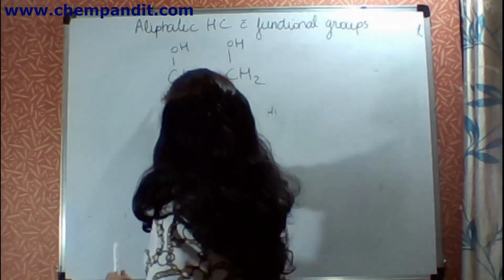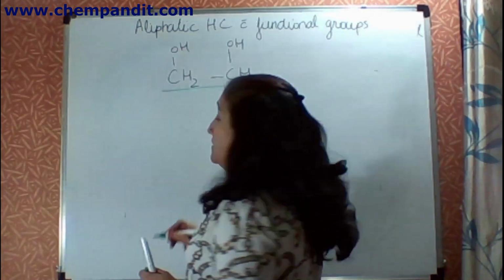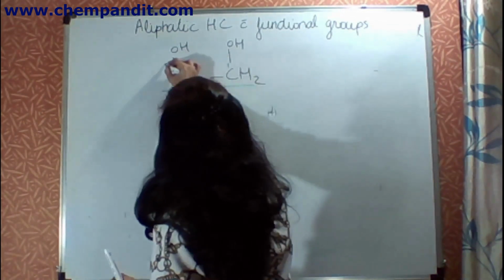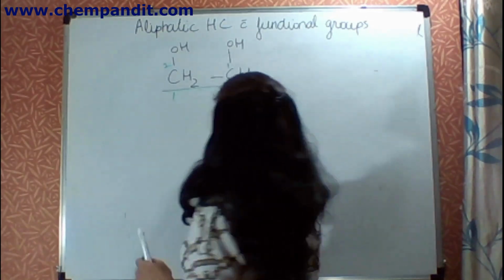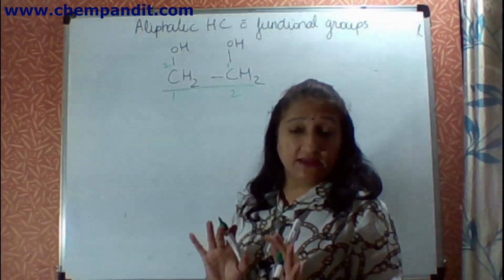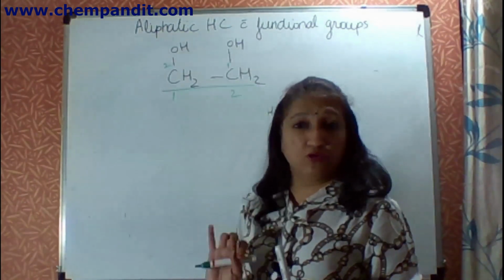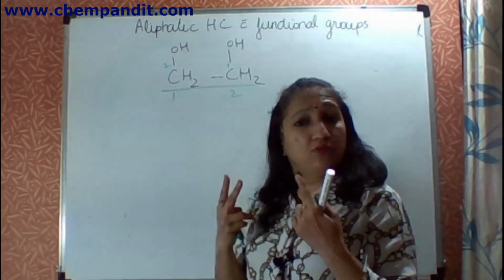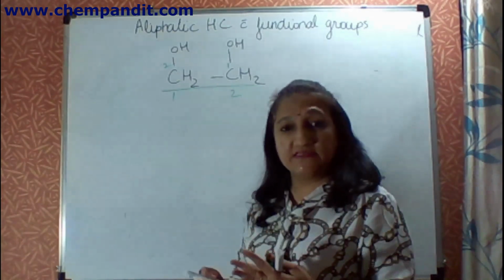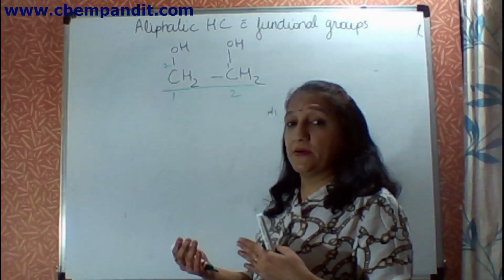See, there are only two carbon atoms. Now whether you write it like this, one or two, it is one and the same thing. Why? Because both the carbon atoms have a hydroxyl group. Clear? And there are only two carbon atoms. So it is very simple to write the name of this compound.